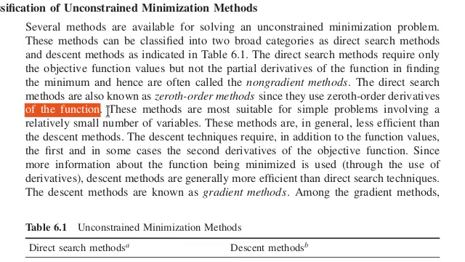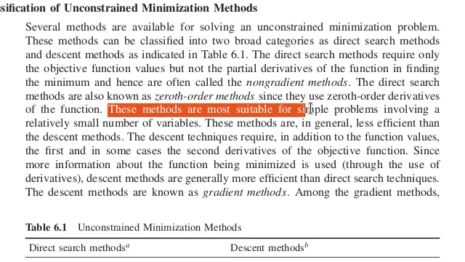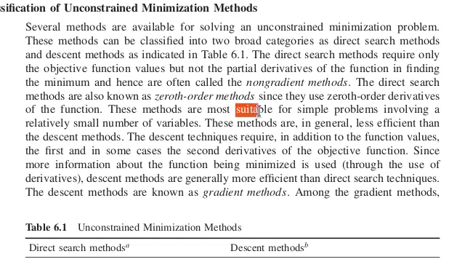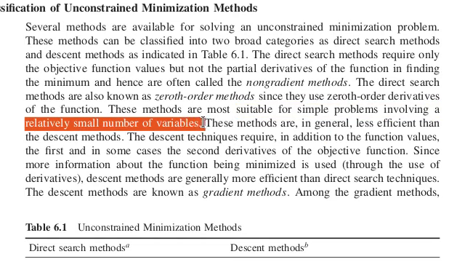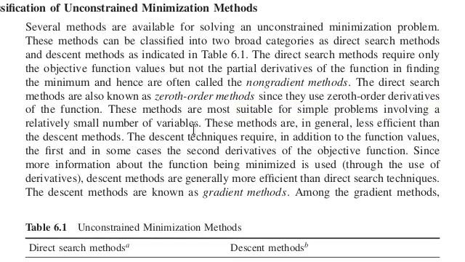We are not using any differentiation or something like that. And these methods are most suitable for solving simple problems involving a relatively small number of variables. Whenever there are a small number of variables, you can use these methods.